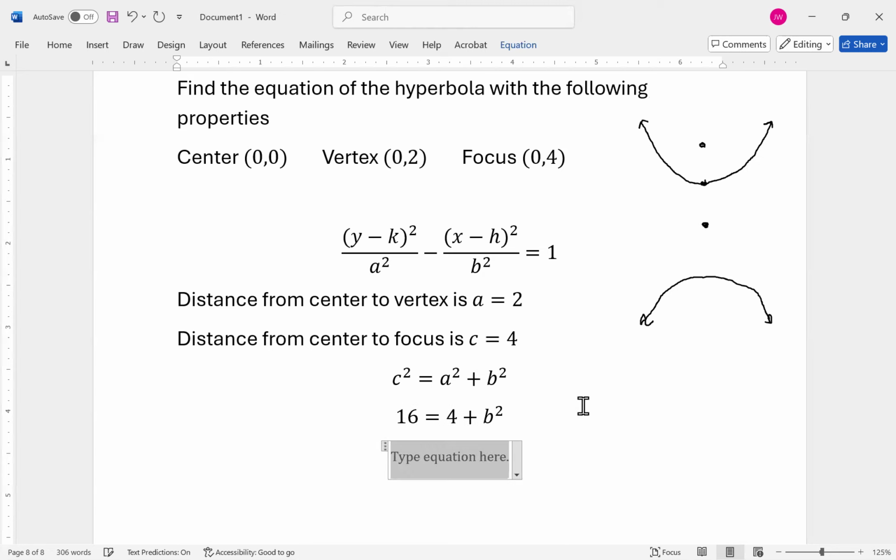So b squared has to be 12. And I don't even care about finding b. Obviously, b would be the square root of 12. But in my equation, I need to plug in b squared and not b. So I might as well just leave it as b squared.